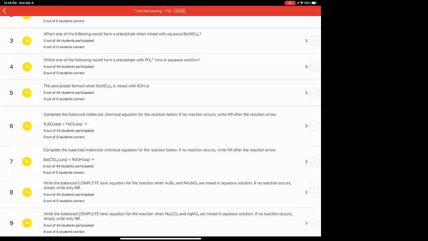And it says that calcium, strontium, and barium hydroxides are soluble. Okay. But does iron show up there? It doesn't, right? So what is that going to tell you about iron 3 hydroxide? Soluble or insoluble? Insoluble? You got it. Yep, that's how you do it.